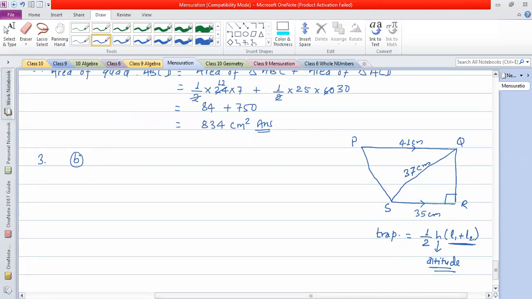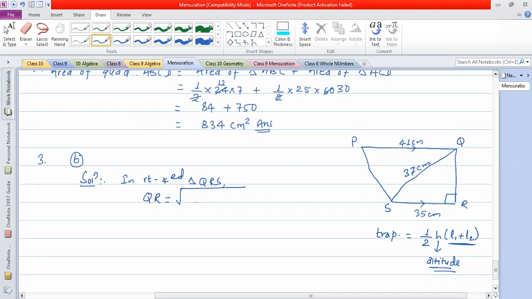Okay, so solution: in right angled triangle QRS, QR equal to... QR is either base or perpendicular, isn't it? And while finding it, we have to subtract from hypotenuse, square root.